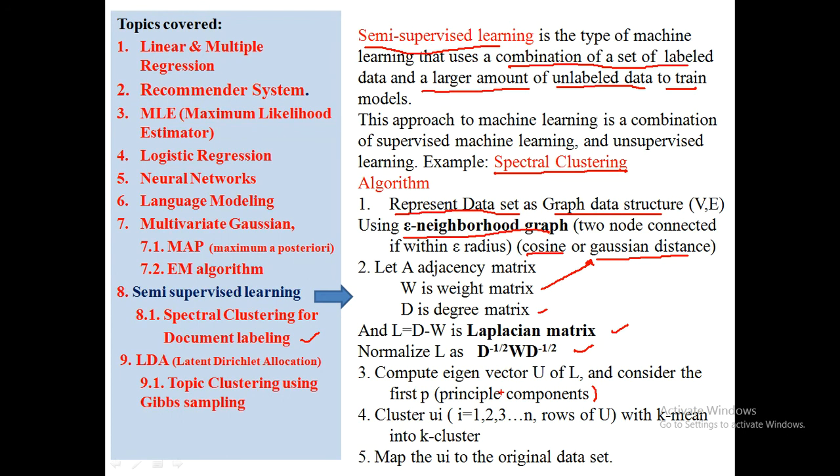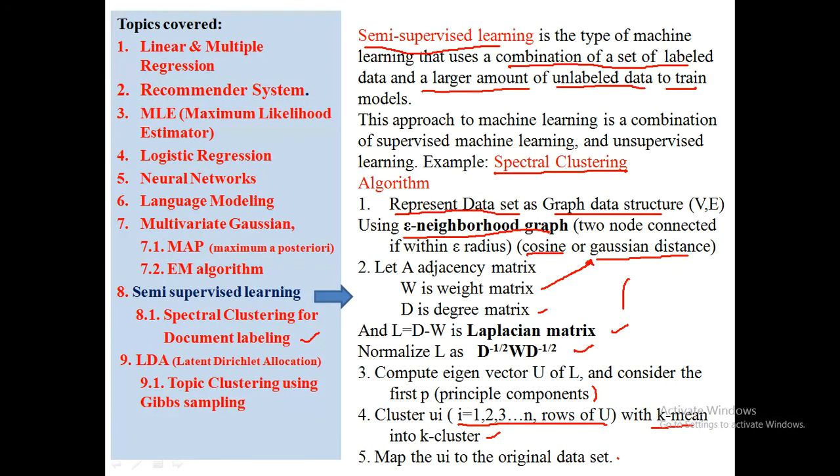Considering this latent data set, where each row of U is a latent sample, we now cluster each sample of U, that is each row of U, with k-means clustering into k clusters. Further, we map the ith row of U to the ith row of the original data set.